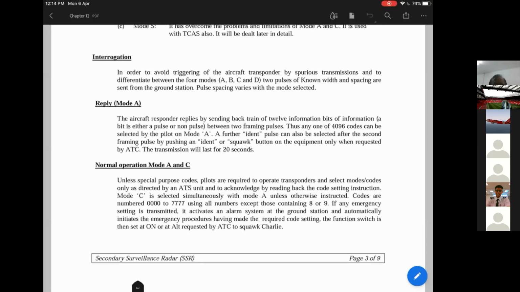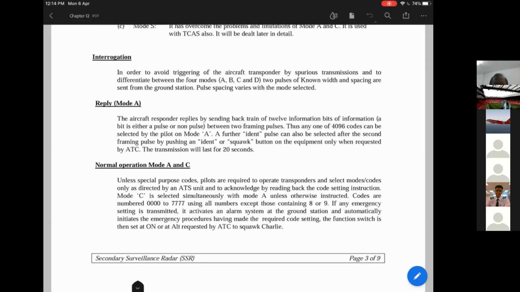On mode A, you have a special switch called the squawk switch, which is basic for identification in a high intensity traffic area where the controller is unable to identify you. In case the controller wants information on where you are located, they will ask you to press the squawk or the identification.